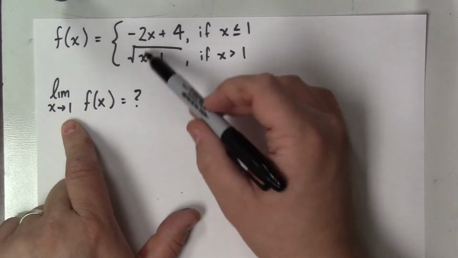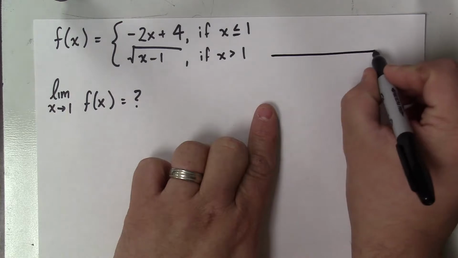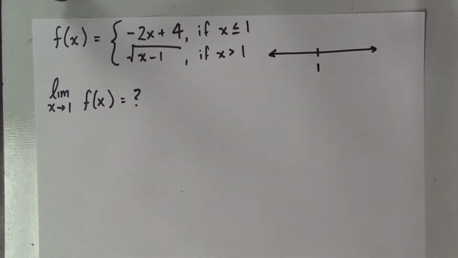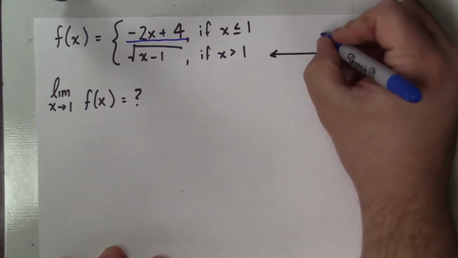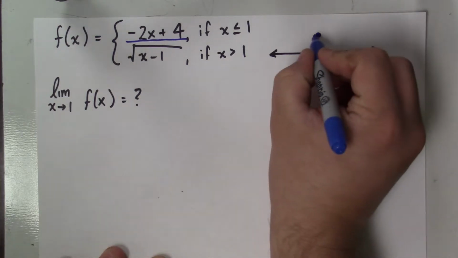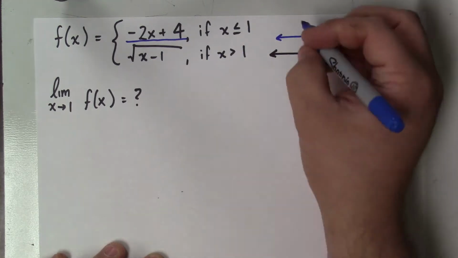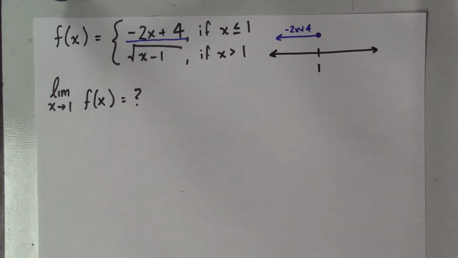It's very easy to compute these if it's not 1. So if I look at a number line centered at 1, this function tells me that for every value including 1 or less, negative 2x plus 4 is the rule that I'm going to use.